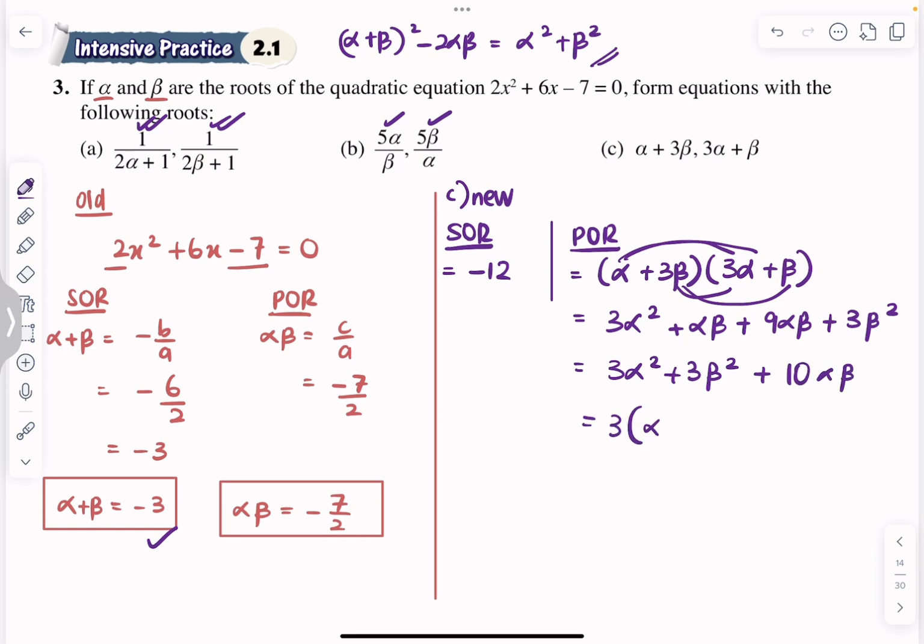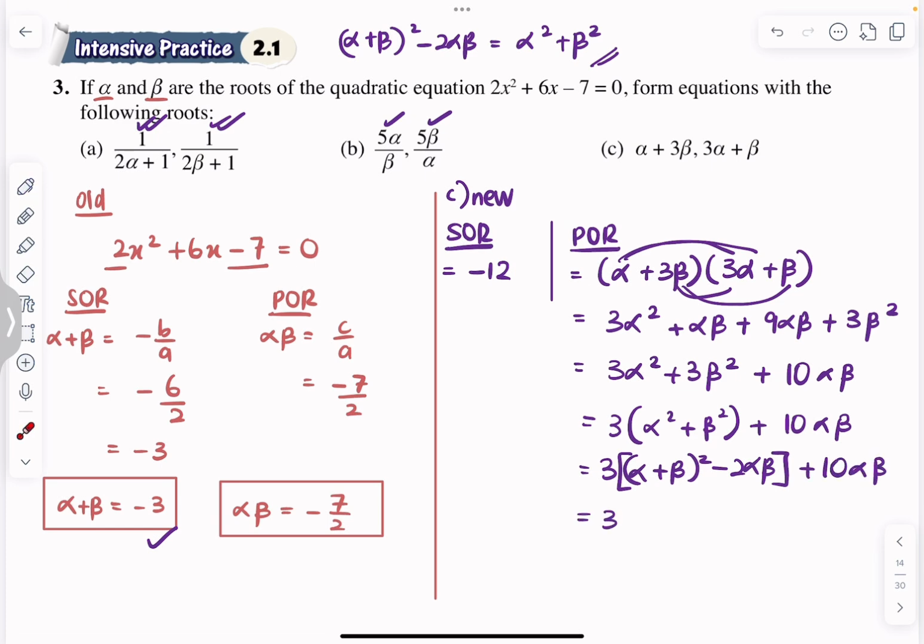So 3 times alpha square plus beta square plus 10 alpha beta. Whenever we have alpha square plus beta square, you have to remember that alpha square plus beta square equals alpha plus beta square minus 2 alpha beta. So 3 times alpha plus beta square minus 2 alpha beta, plus 10 alpha beta.